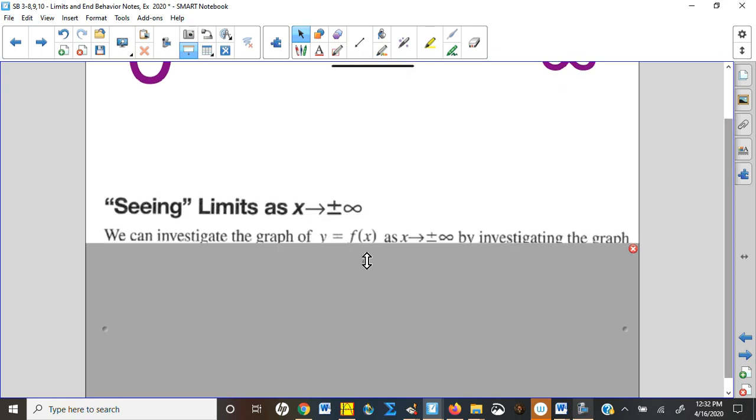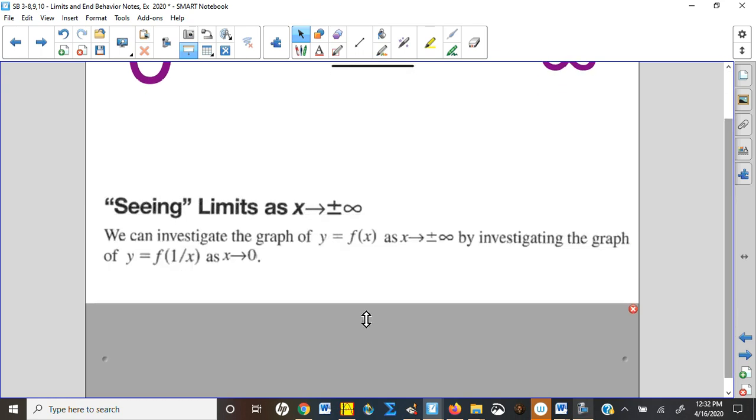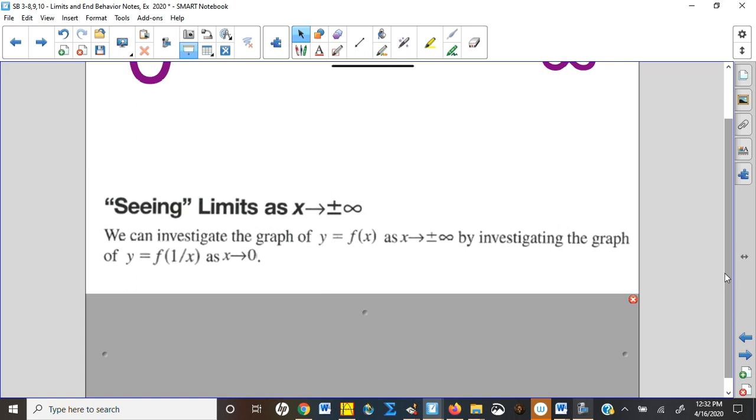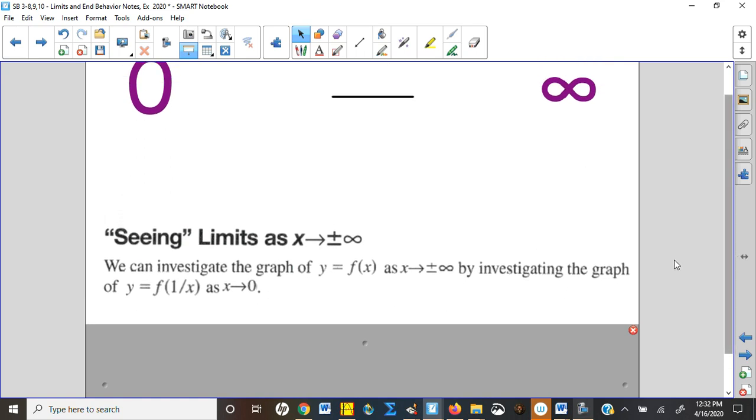This is out of the book that we're pulling all your problems from. They have a little section where they talk about seeing limits as x goes towards plus or minus infinity, because we can't really graph out there. We can draw the graph and put an arrow on it and say, yeah, it's going towards infinity. But even if you scale your graph so that the right edge of your graph is 1,000,000,000, that's still not anywhere near infinity.